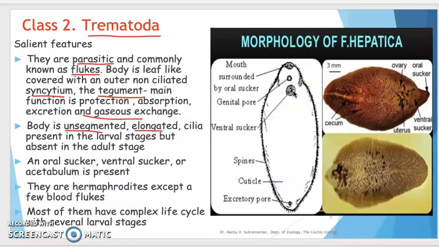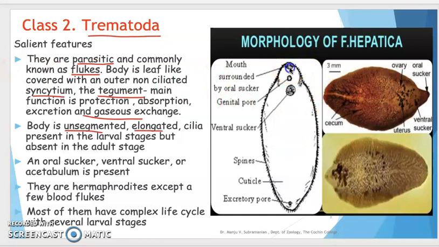The mouth is at the anterior end, placed at the center of the oral sucker, and it leads into a well-developed alimentary canal with two branches of intestine, and the anus is absent.